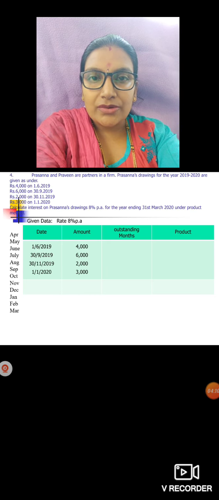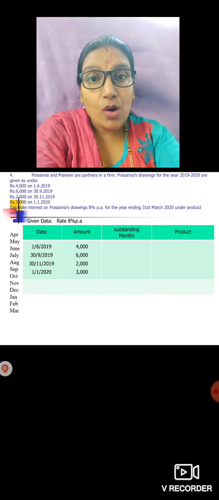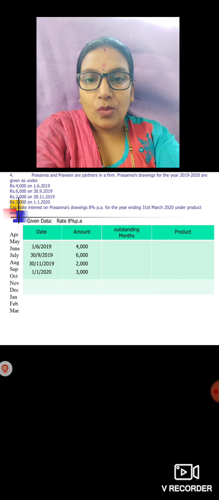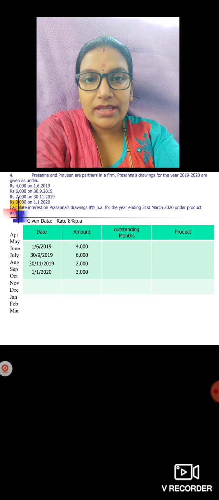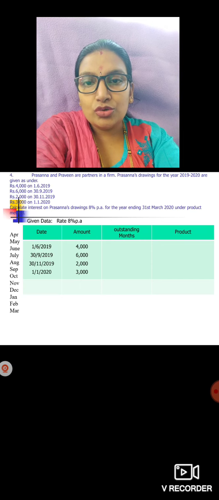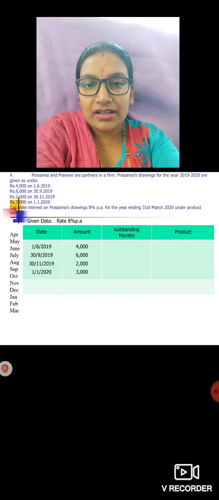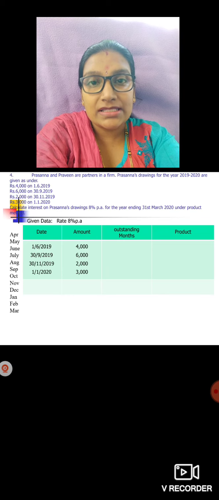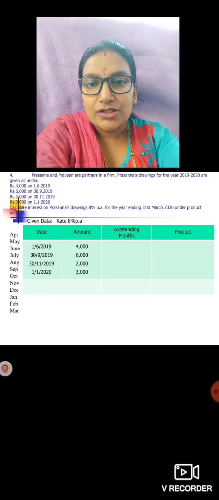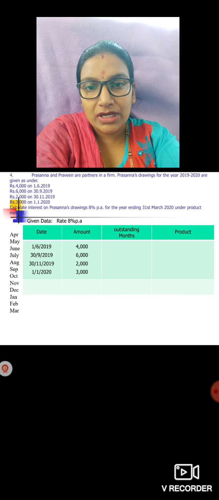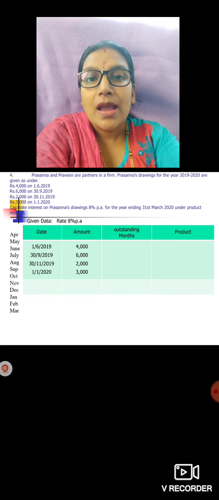Next, outstanding months. How to calculate the months? The accounting year starts with April and ends with March: April, May, June, July, August, September, October, November, December, January, February and March.